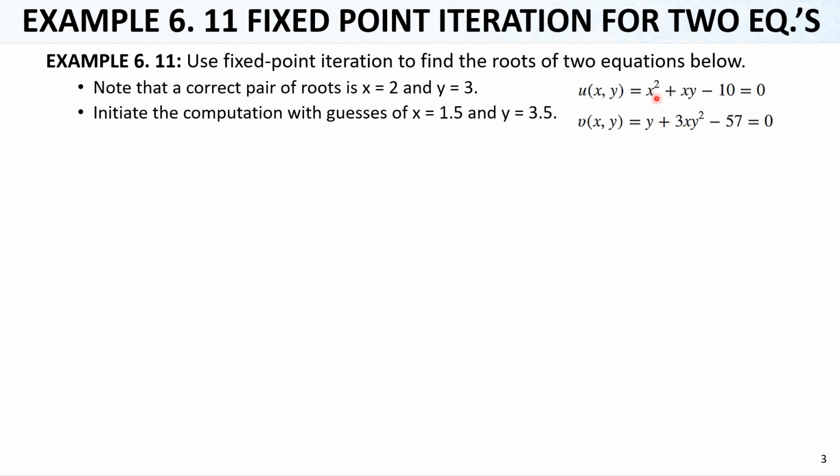So let's first formulate these functions: the first one will be in terms of x, the second one will be in terms of y. In the first one, we can simply isolate x, so the first function is x equals 10 minus x squared, divided by y. So we simply isolated this x here and divided by y.